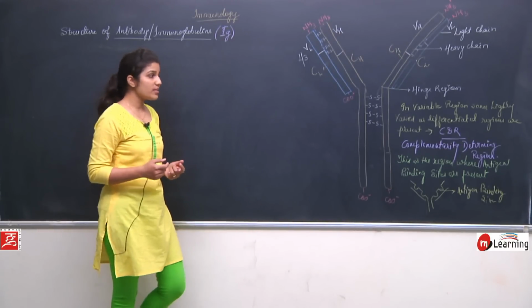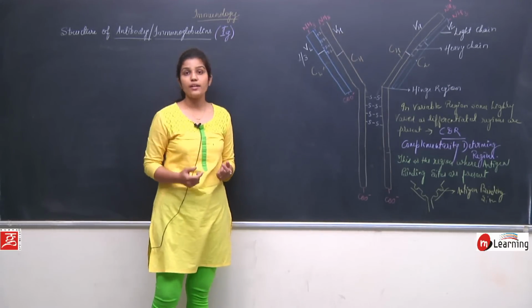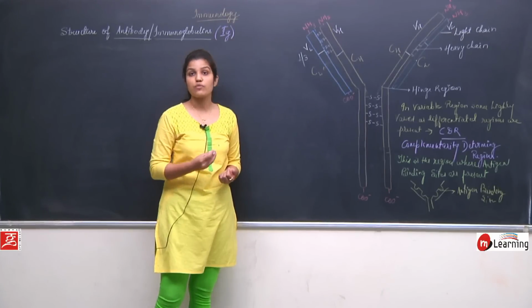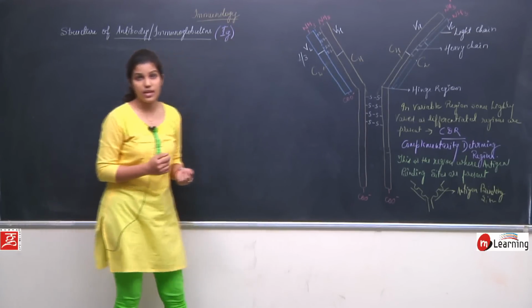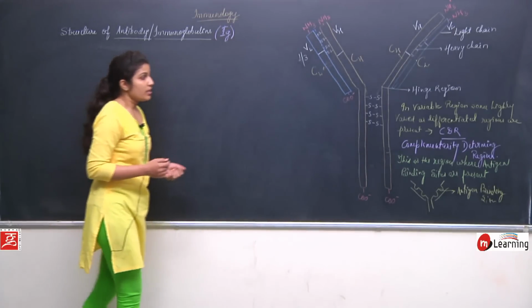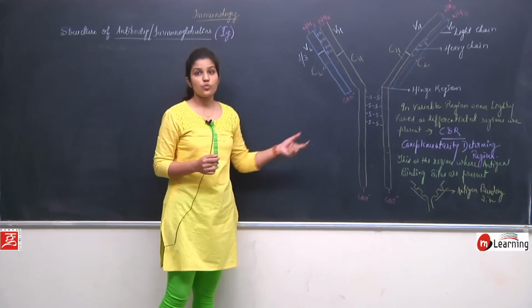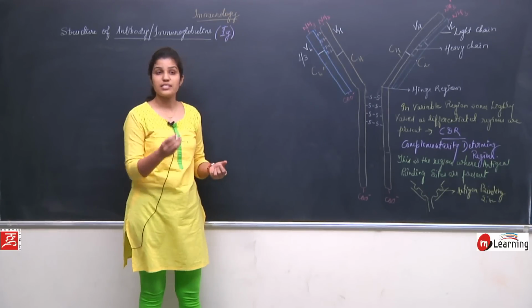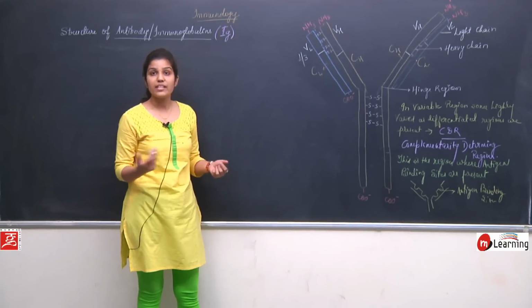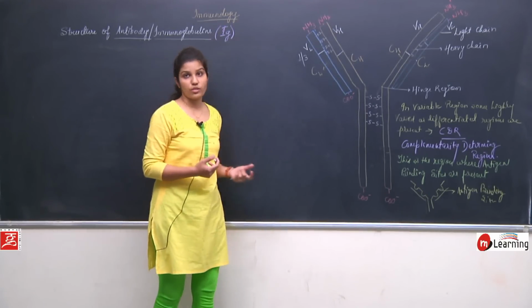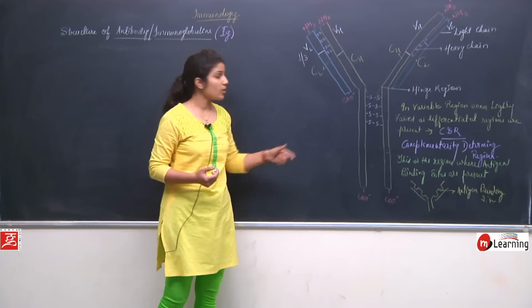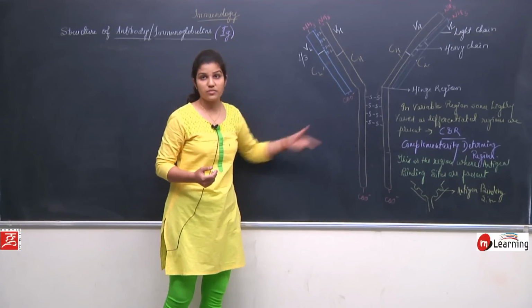Before that, from where are we getting these 5 types of antibodies? Let us first discuss that. Some scientists were studying these antibodies, they sequenced the heavy chain of these antibodies, specifically the constant region. They studied this heavy constant region.